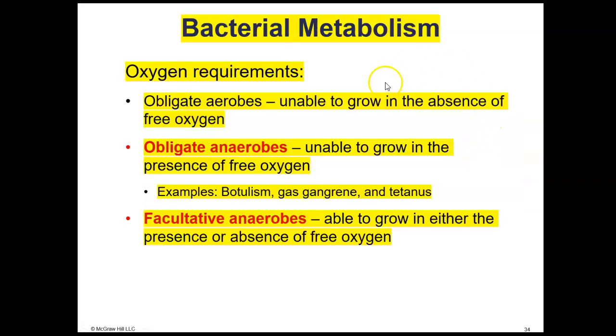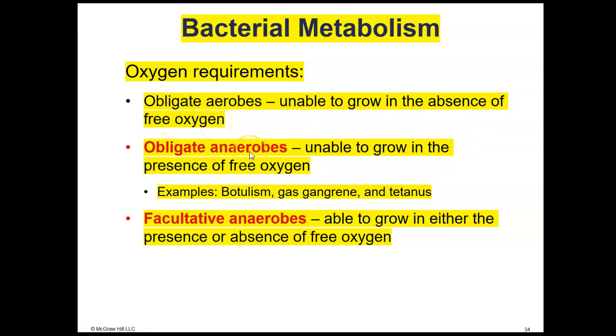All right, now there are more varieties of metabolism in bacteria than there are in some of the more complex organisms like plants and animals. So bacteria can be obligate aerobes. An aerobe requires oxygen. In other words, it must have oxygen to live. We humans are obligate aerobes, unable to grow in the absence of free oxygen.